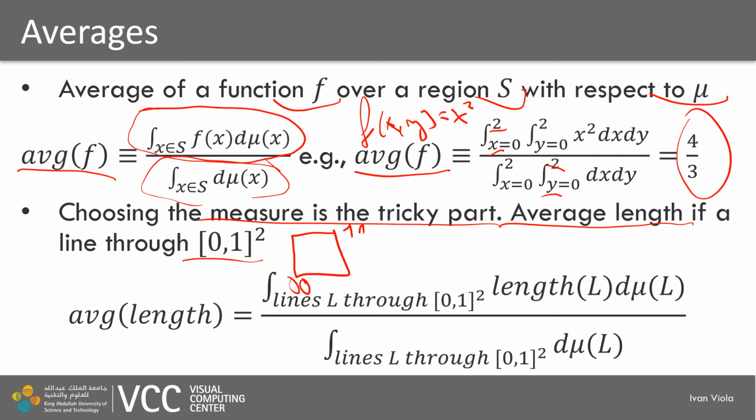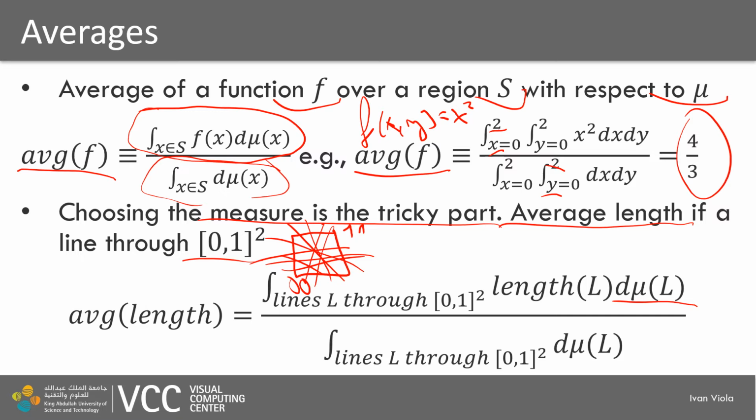So what would be the average length of a line segment that goes through such a rectangle? This can be calculated with having an appropriate measure.